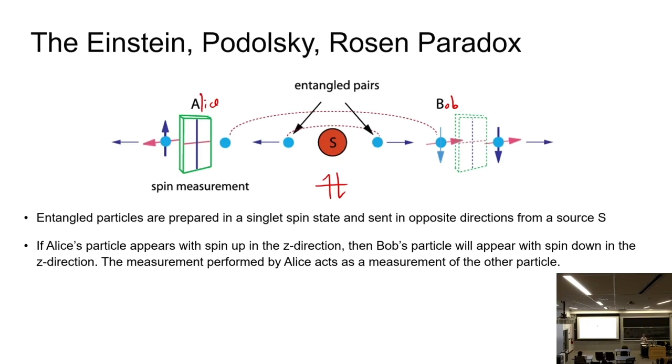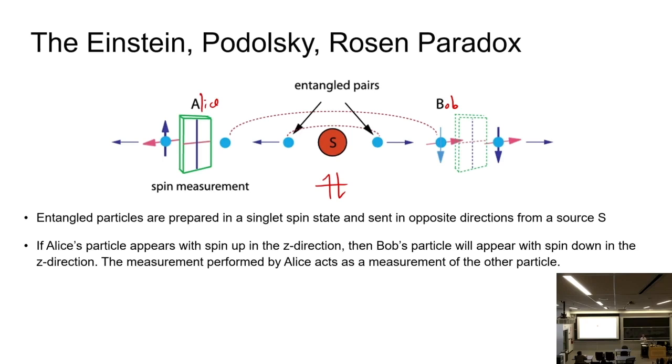And due to this strict anti-correlation between the spin orientation of the particles in the starting singlet, at the same time as Alice measures her particle with spin up in the z direction, then Bob's particle has to appear with spin down in the z direction. Okay. So in this way, the measurement performed by Alice effectively acts as a measurement of the other particle.